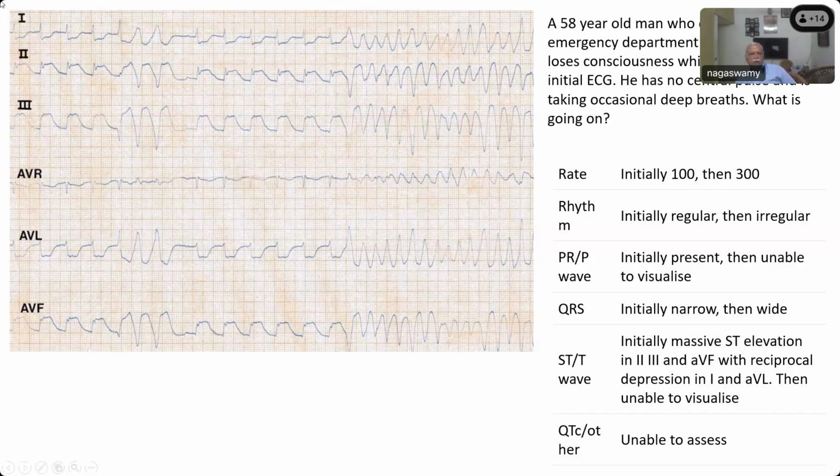Rhythm, initially you can see a QRS regularly, but later on it becomes irregular. P wave and PR interval initially present, then unable to visualize.